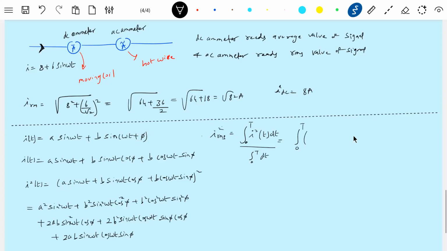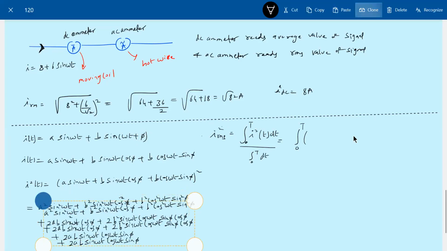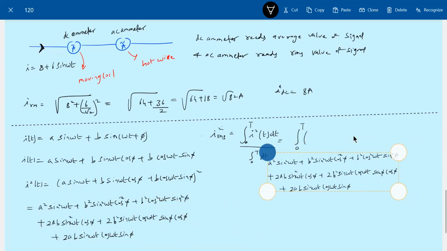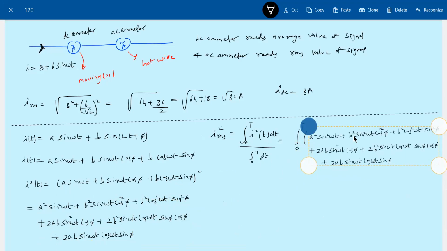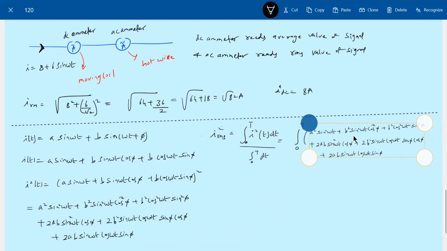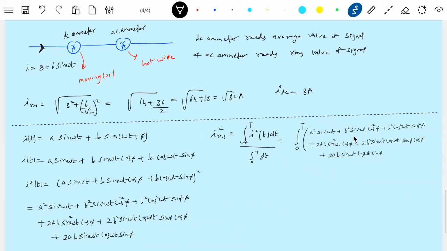We have already squared it, and now the whole quantity has to be integrated. So let's separate it.